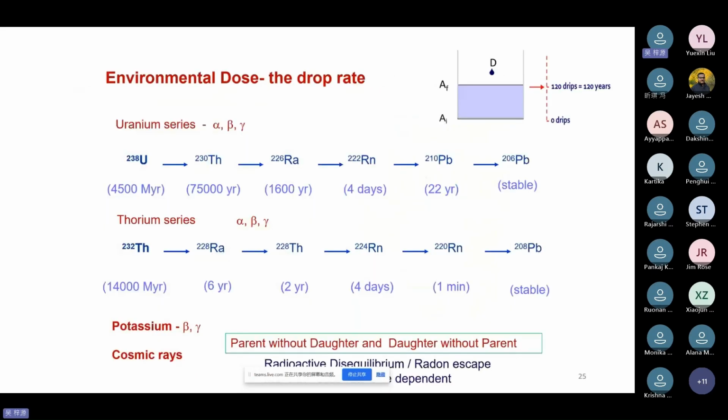The dose rate I talked about comes from uranium, thorium, and potassium, some bit from cosmic rays, and then their decay products. Now, we often assume, and quite often reasonably so, that these series are in equilibrium. But there are situations, especially where water is involved, where you can have uranium without the daughters or thorium without the daughters. And we need to work backwards.